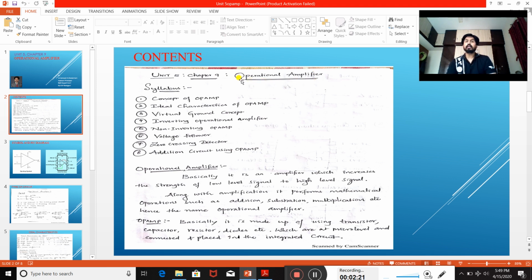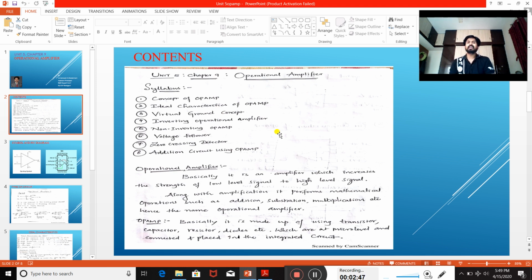In the early days, when there were no digital computers, op-amps were used to do mathematical work. Nowadays, in digital computers, that work is done again with the help of this IC only. This op-amp is a chip.